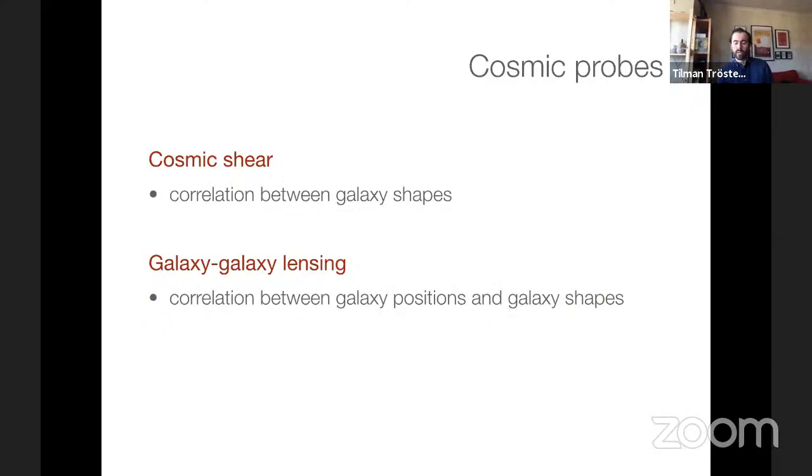Now, it's not the only thing you can do with this, because we have some idea where the matter in the universe is distributed. So we know if there's a heavy galaxy, then it's probably dark matter around that. So what we can do is look at the cross correlation between the galaxy's position and some background galaxies. That's called galaxy-galaxy lensing.